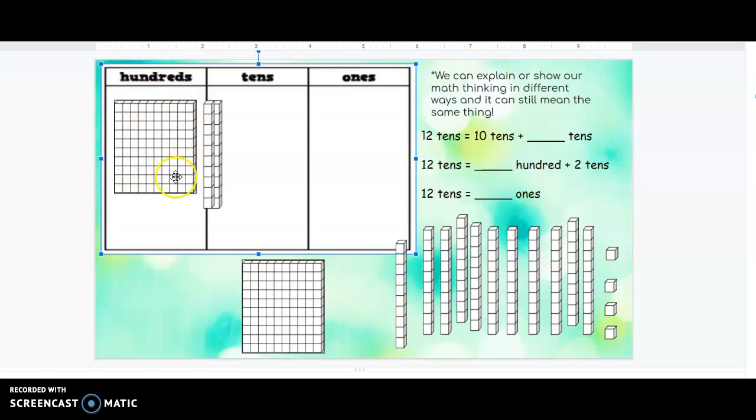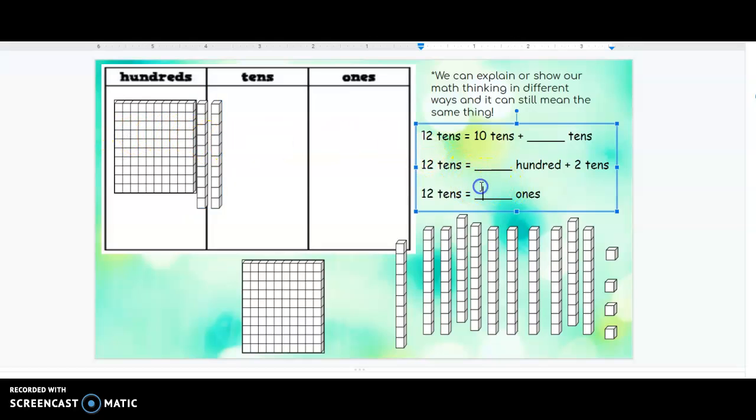So 10 tens is 100, right? So that's 100 plus 10 more is 110 plus 10 more is 120. So this is 120 altogether. So 12 of these, 1, 2, 3, 4, 5, 6, 7, 8, 9, 10, 11, 12. 12 of these equals 120.